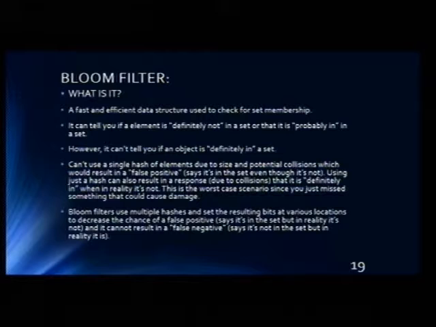Using just a hash can also result in a response, due to collisions, that it is definitely not in a set when in reality it is. This is the worst case scenario since you just missed something that could cause damage. Bloom filters use multiple hashes and set the resulting bits at various locations to decrease the chance of a false positive, saying that it's in the set but in reality it's not. And it cannot result in a false negative, saying that it's not in the set but in reality it is.